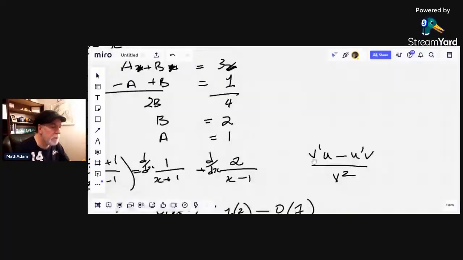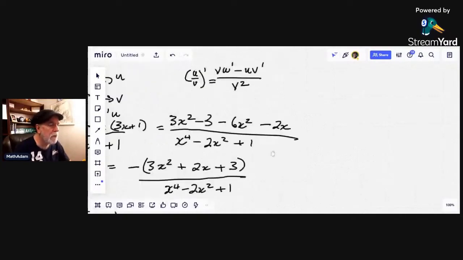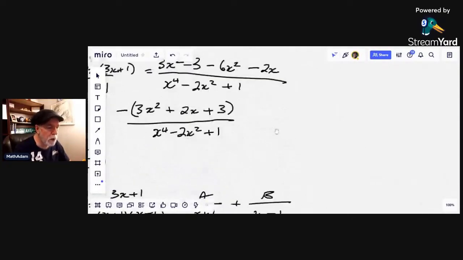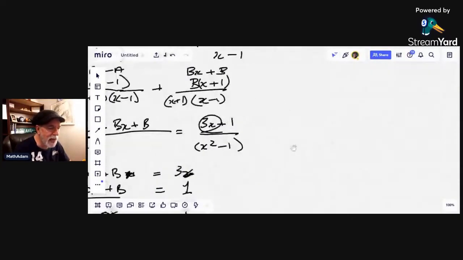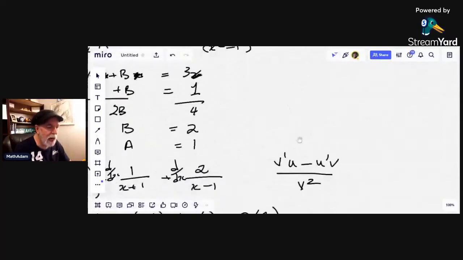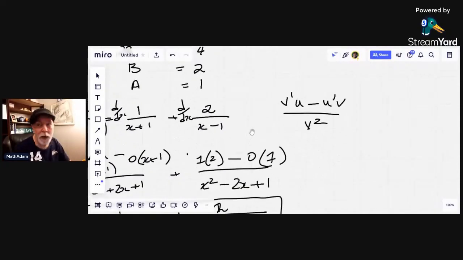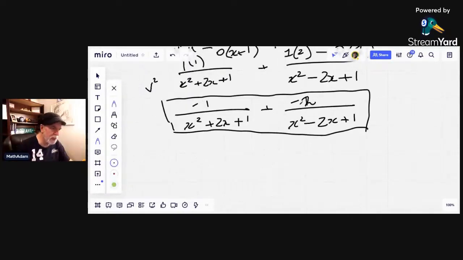V prime U minus U prime V, that should be VU prime minus UV prime. Because of that, I have got the sign reversed up here, and so that is going to reverse the sign of my final solution. So that should be plus, that should be minus, that's negative, and that's negative. And so we get a negative solution.